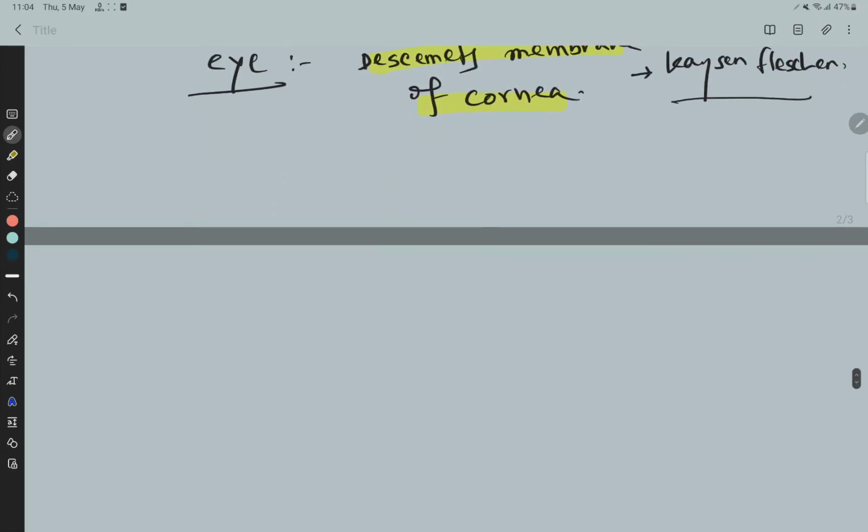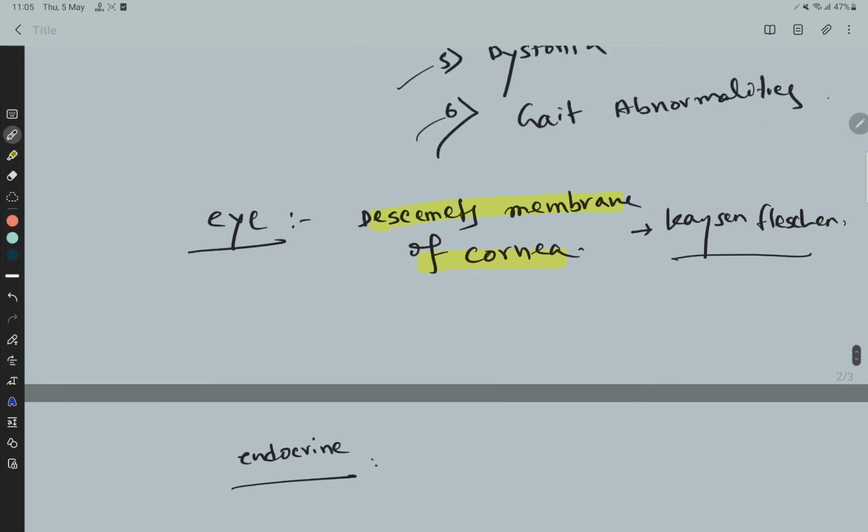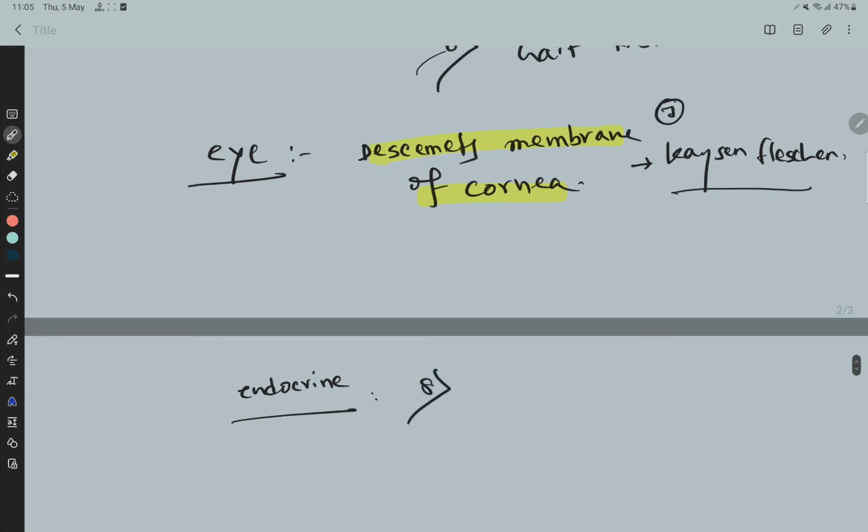Also some endocrine problems are seen, like hypothyroidism.